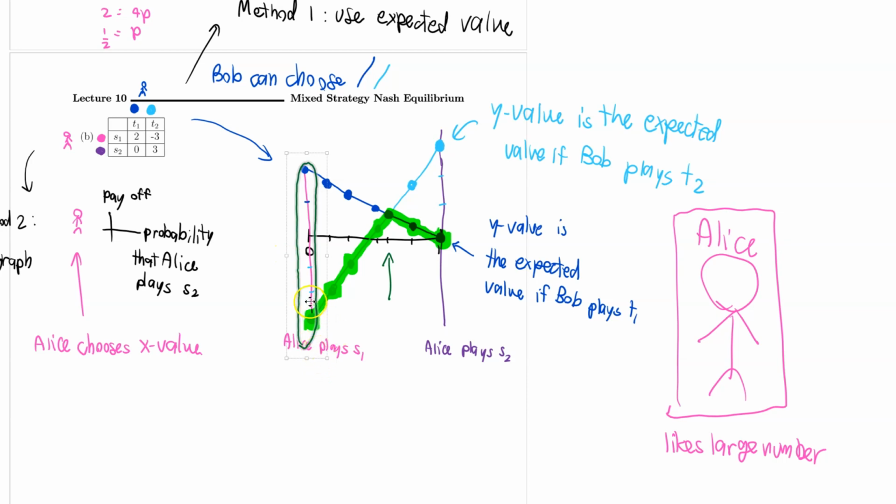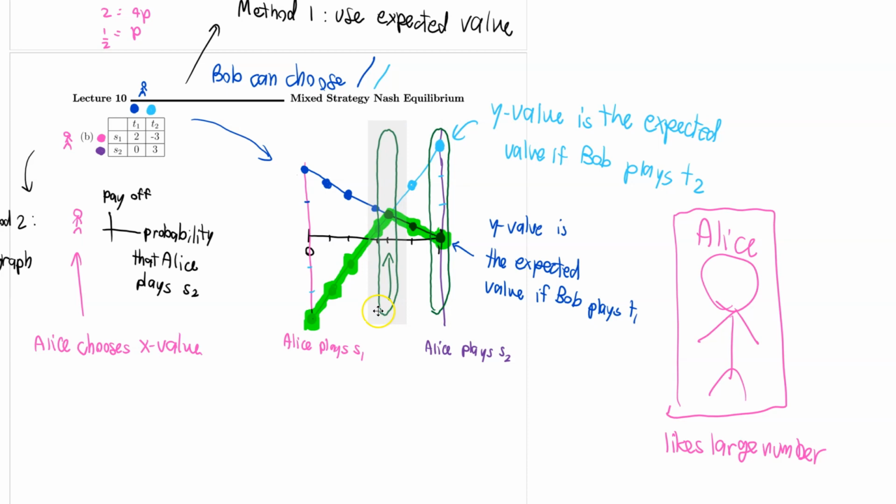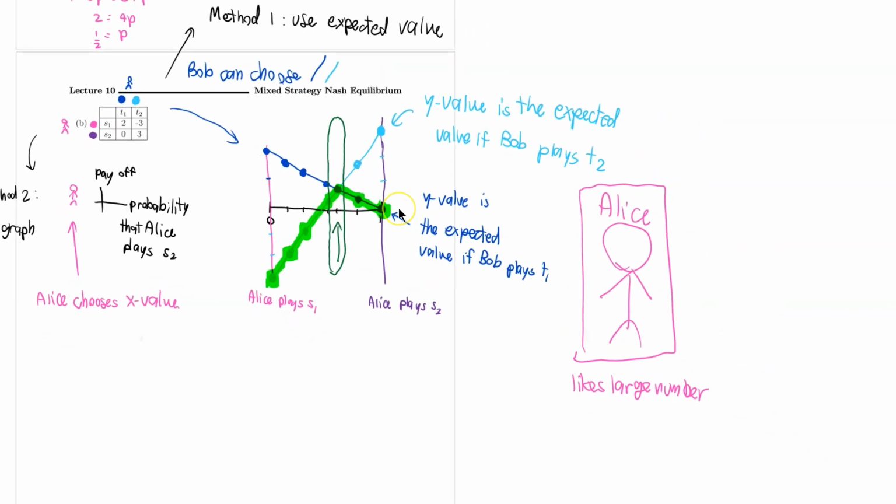If she chooses this green thing, she has to pay Bob $3. Why would I want that? If she chooses this, then she has to pay Bob. She's not going to get anything. Yeah, why would I want that? She'd rather choose this exact value where the point on the green highlighter is the tallest. So that means she can get the highest amount of money from Bob.